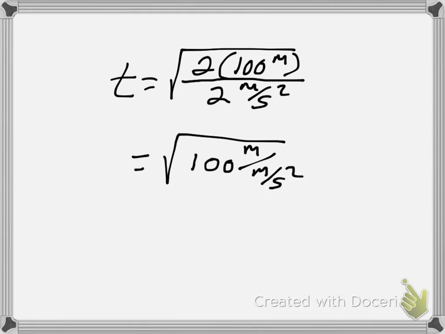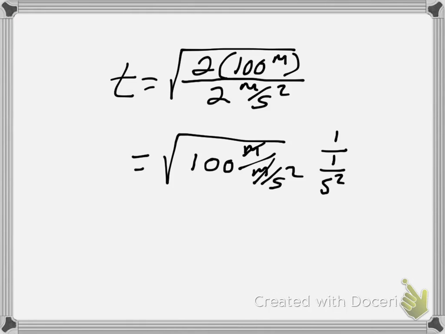Now these units might look a little funny. We can automatically cancel out our meters over the meters, but then we're going to be left with 1 over seconds squared.